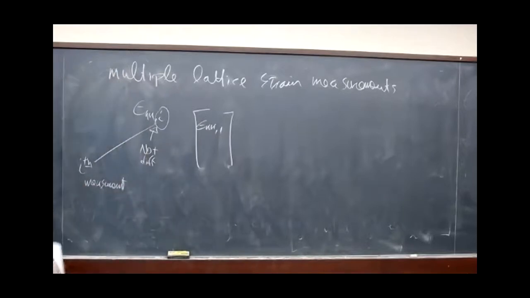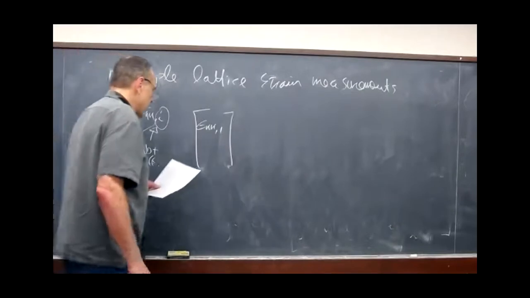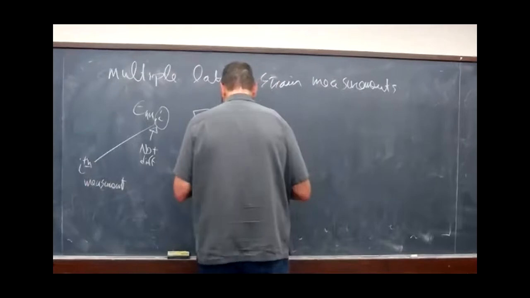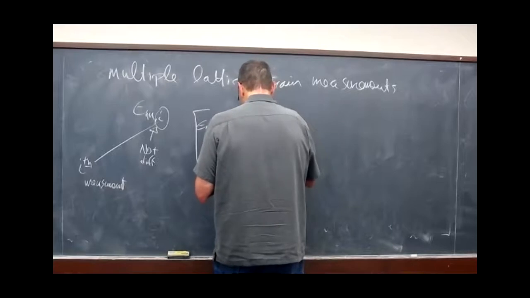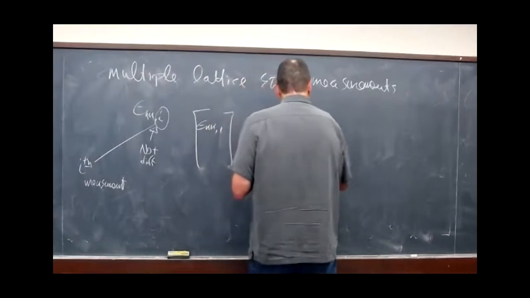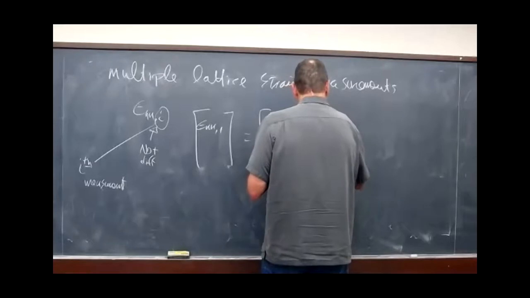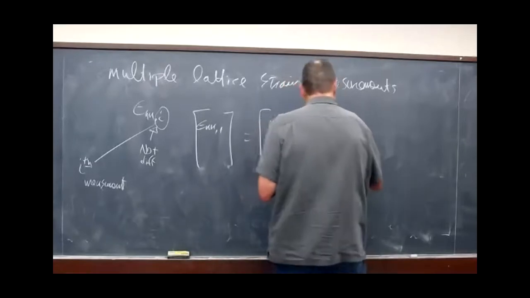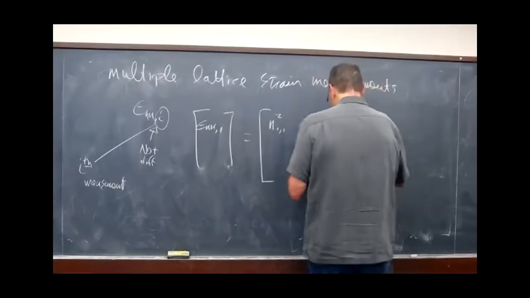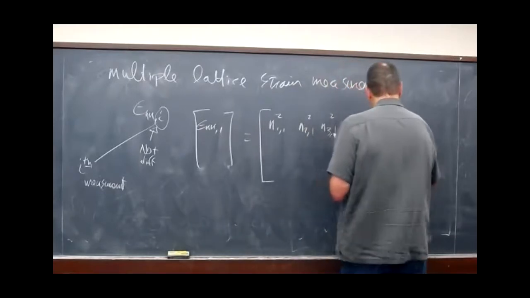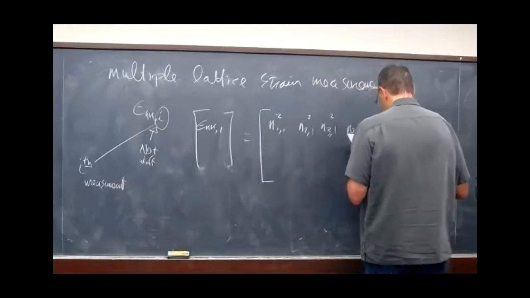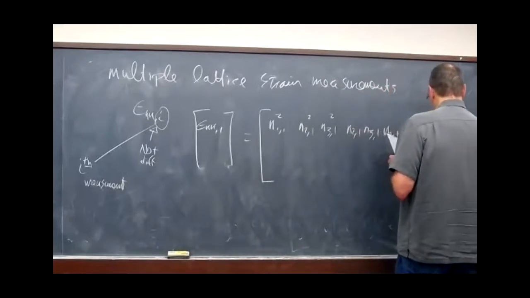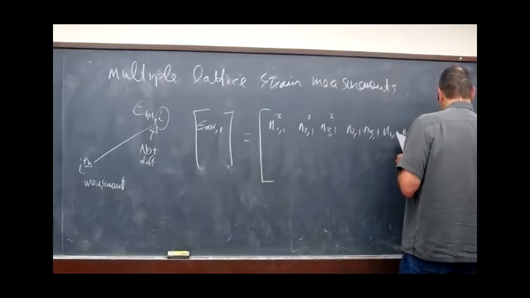Remember, I said I can go from 20 to 50. So epsilon n 1, then n 1 comma 1 squared, n 2 comma 1 squared, n 3 comma 1 squared, n 2 comma 1 n 3 comma 1, n 1 comma 1 n 3 comma 1, and n 1 comma 1 n 2 comma 1.